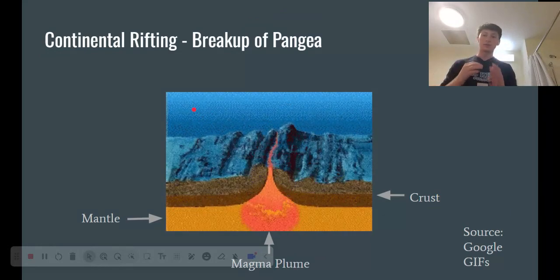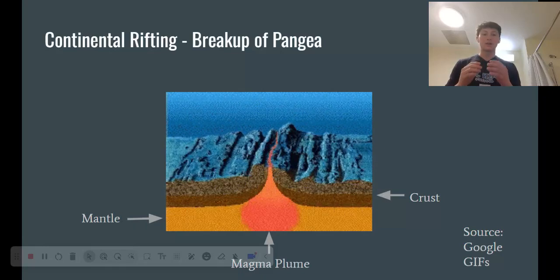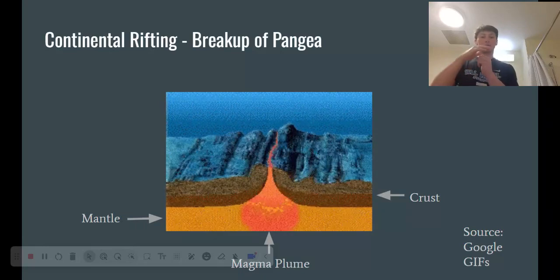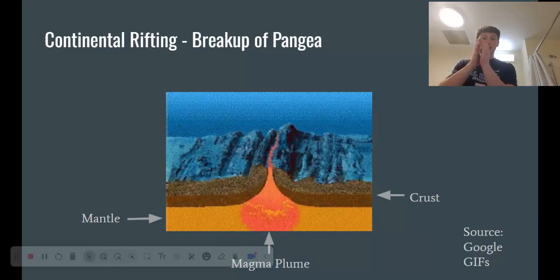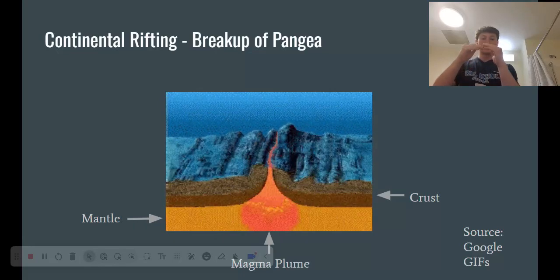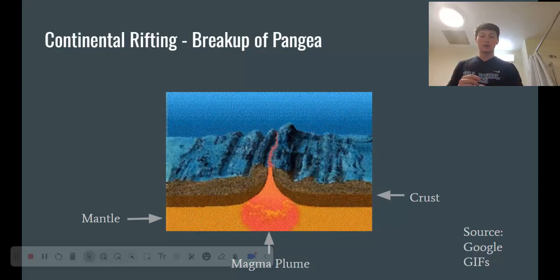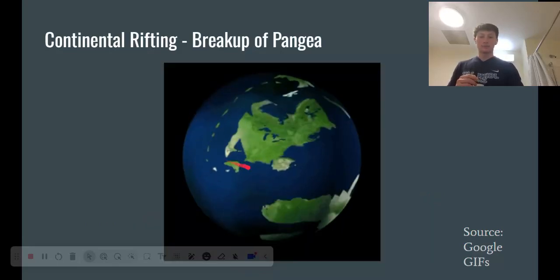How these continental rifts form is that the magma will find a thin, weak spot in the continental crust, and it'll put pressure on it and pressure on it, and then eventually the magma is going to come up, and it's going to keep spreading it, and this is how we got our mid-ocean ridges.